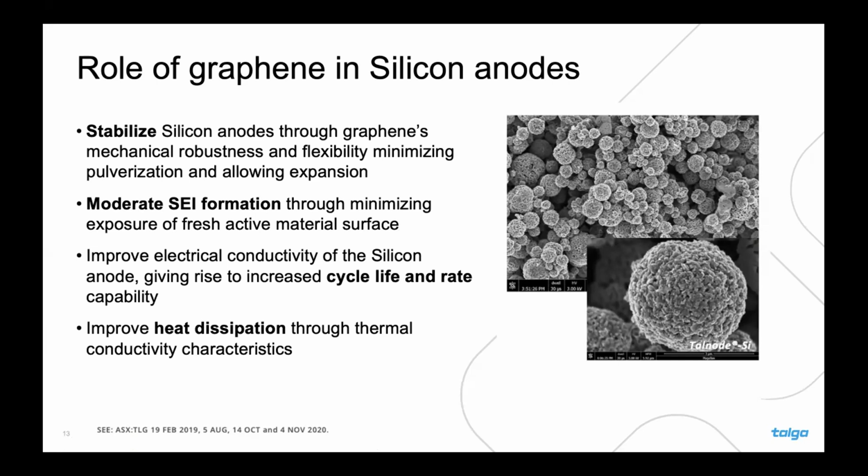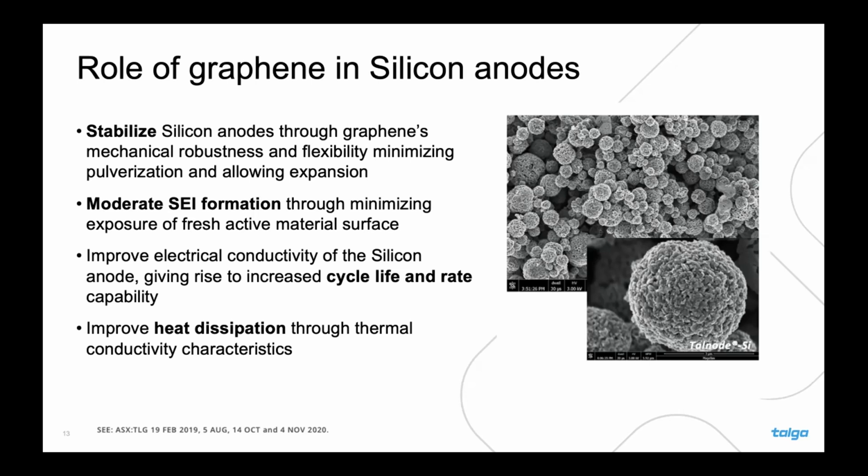Therefore, the breaking down of the silicon particles or of that electrode layer, creating those insulated areas, can be avoided. Because it coats the material and perhaps can slide around and rearrange a bit during expansion, it can moderate the formation of the SEI and keep it minimized, so that the lithium that is locked away from active use in the battery is minimized.